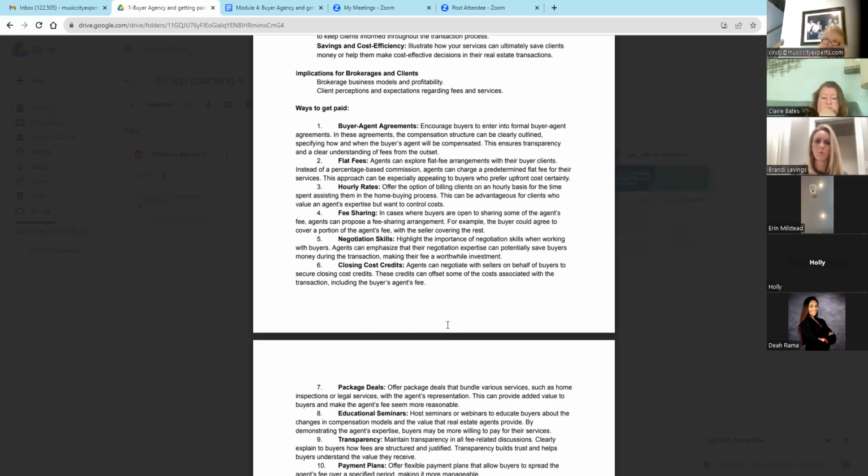And then you're also going to have to put boundaries in place for yourself. If someone says to you, I'm not signing that, I don't want to hire you, stop wasting your time on them and move on. Or you're going to have to argue, hold your own and fight for yourself and your fee, and explain to them why you're not going to spend any more time driving them around looking at houses unless they're willing to commit to you, unless they're willing to hire you.